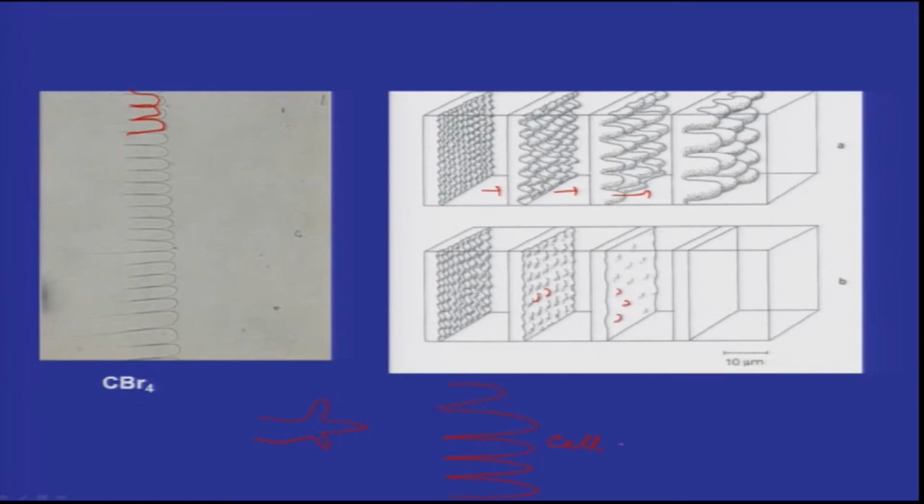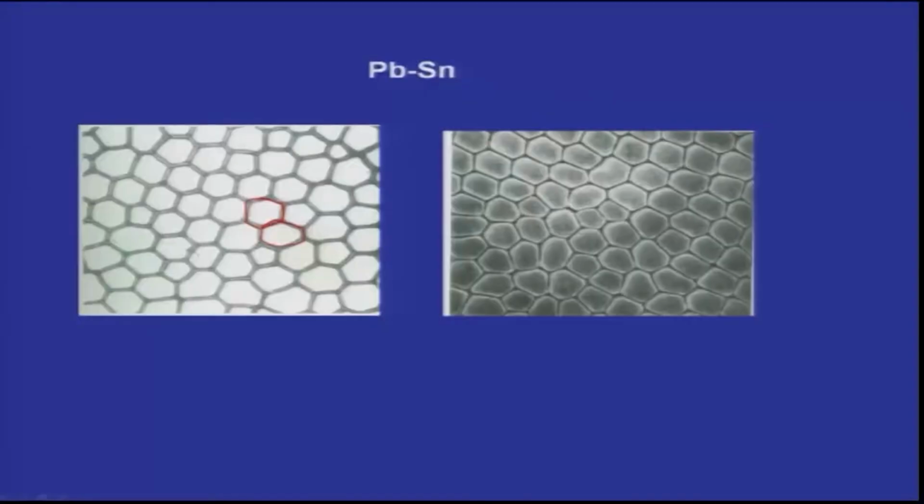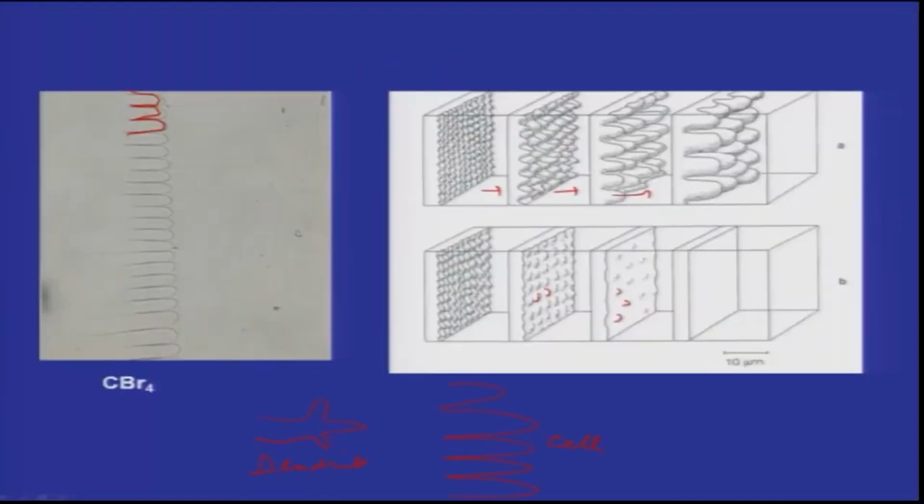Basically this looks like a honeycomb structure. That is what is shown here, hexagonal cells in a lead tin alloy. You can see each of these is a hexagonal network out of the solid liquid interface. Lead tin is a low melting point solder material, so you can do that very easily. So the cells can be like the one I drew, or they can be like hexagonal units.